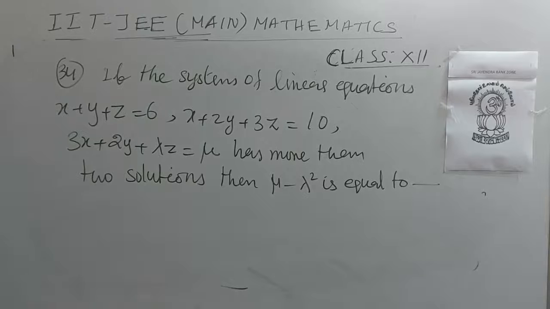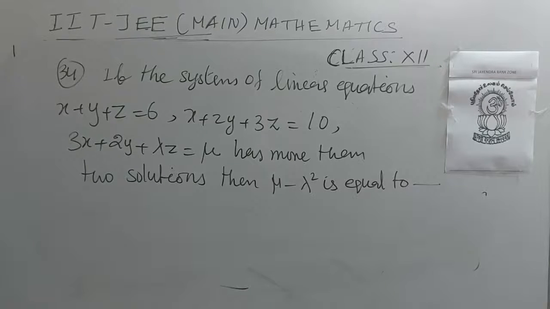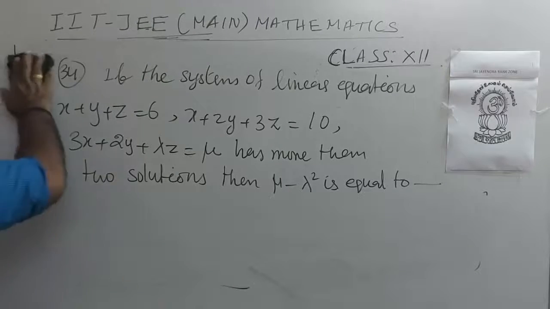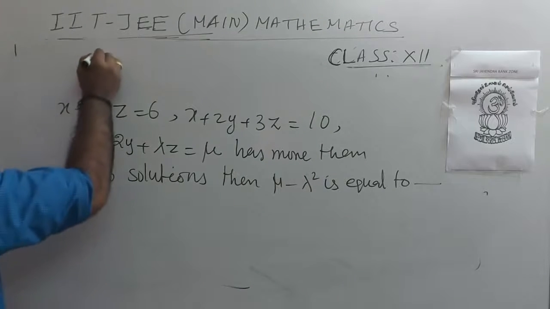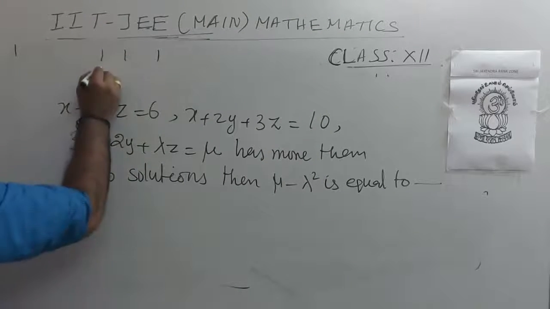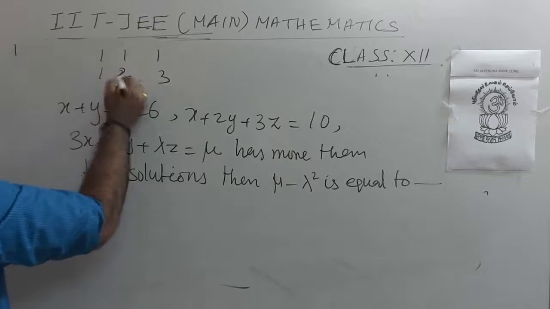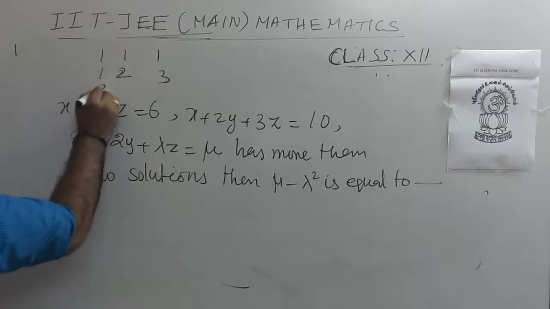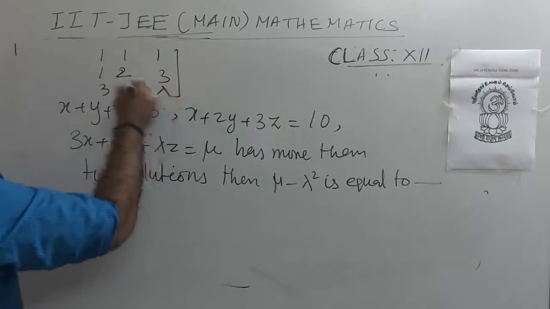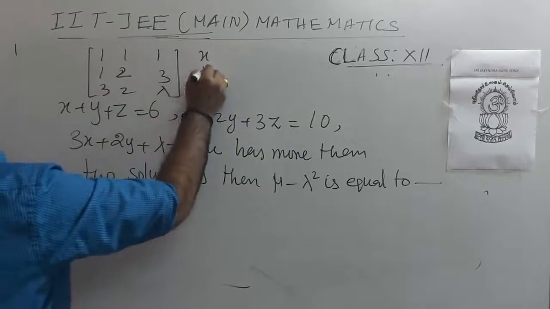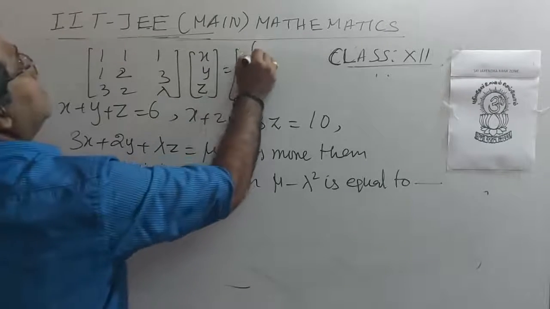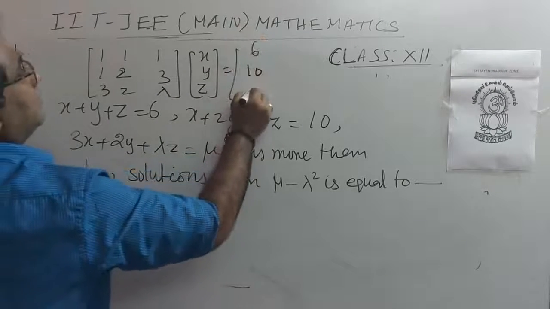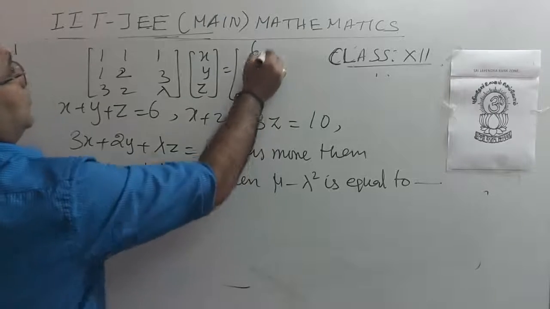In this case, it is better to apply the rank method instead of the determinant method. So the matrix is 1, 1, 1; 1, 2, 3; 3, 2, lambda, times x, y, z, equal to 6, 10, mu.